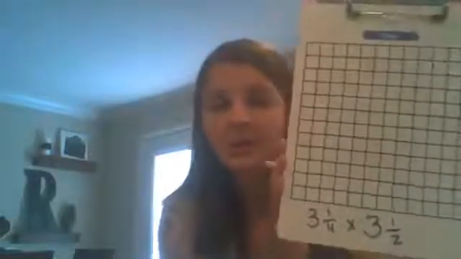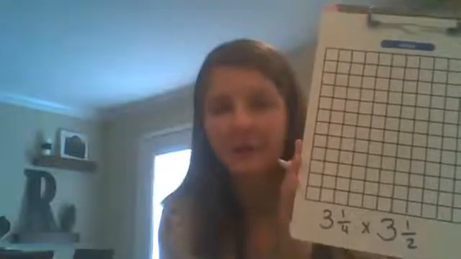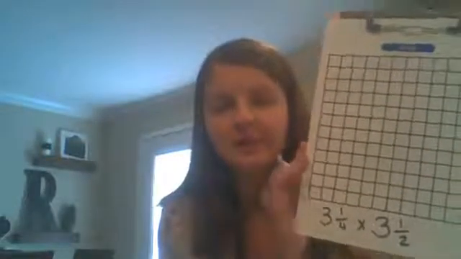So let's start out by looking at the problem. 3 1/4 times 3 1/2, okay? So if I wanted to create an area model on my grid, on my graph paper here, I would go over 3, and then I'm going to go over 1/4. I'm going to mark it so that I can see what I'm doing there.